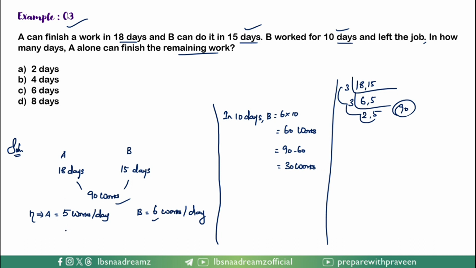We have identified that the efficiency of A is 5 works per day. So A alone has to finish the remaining 30 works. We need to find in how many days. So to find that, we have to divide 30 by 5, which is equal to 6 days.